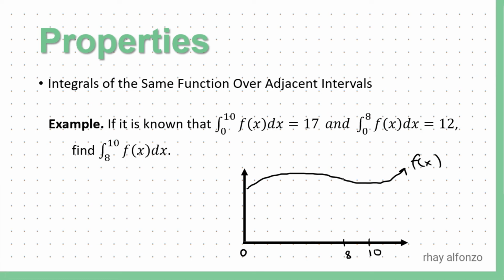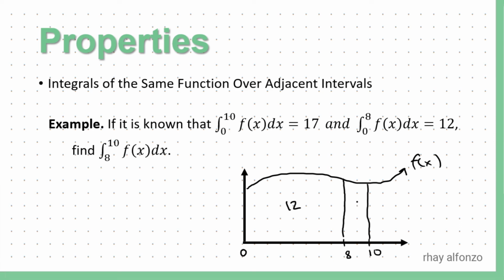It is known that the integral of f of x dx from 0 to 10 is 17. So this whole region here is 17. And from 0 to 8, we have 12. So if this is 12, what must be the area of this region in order to get 17?